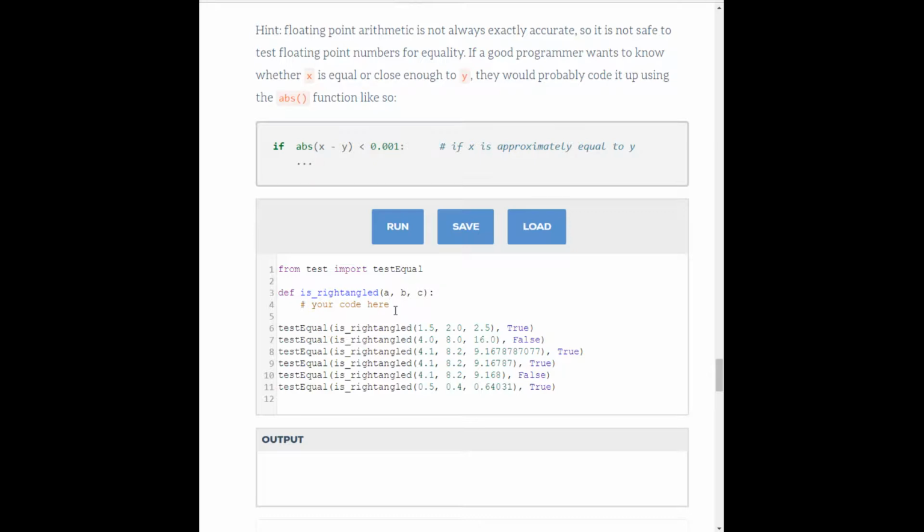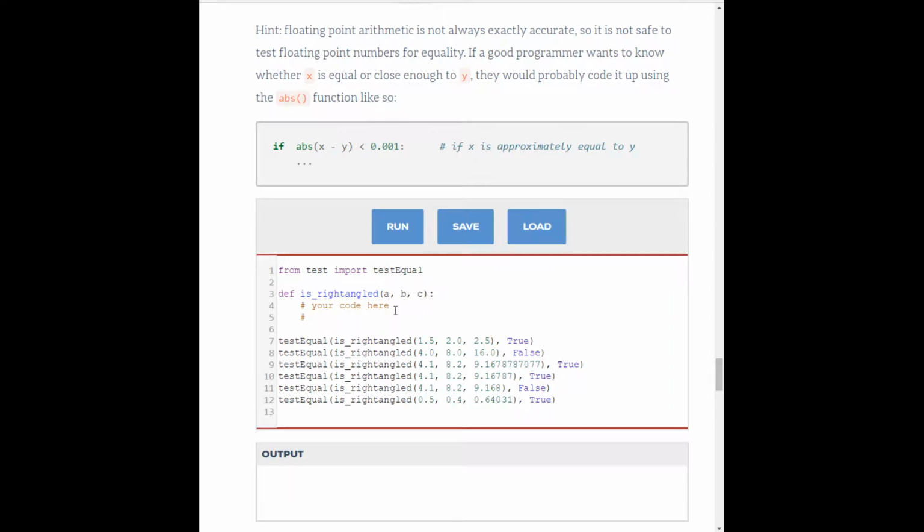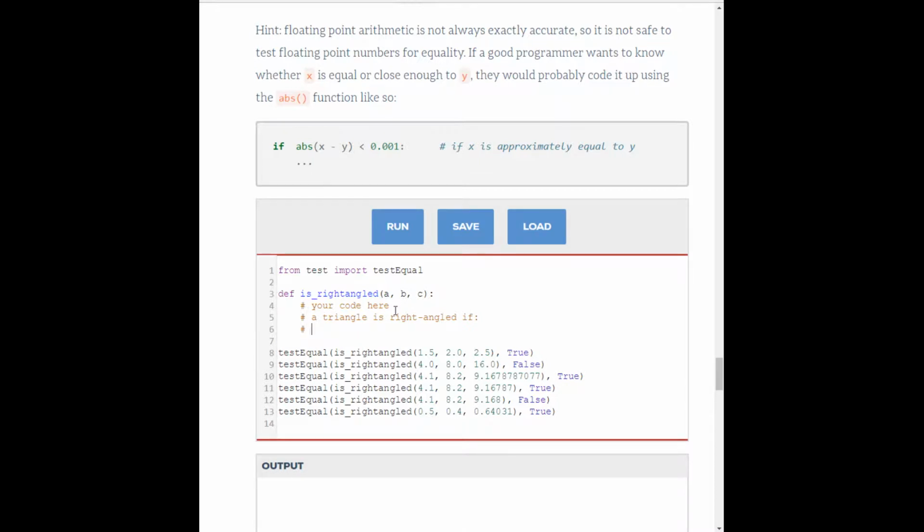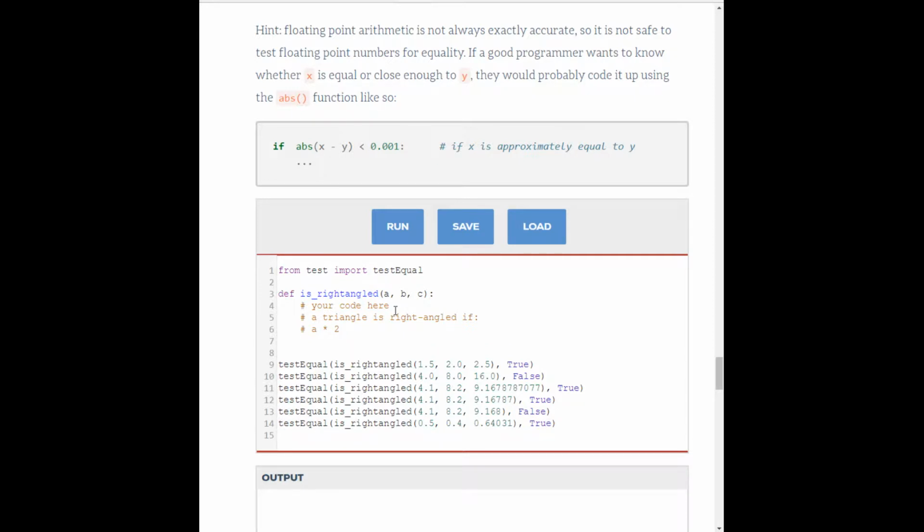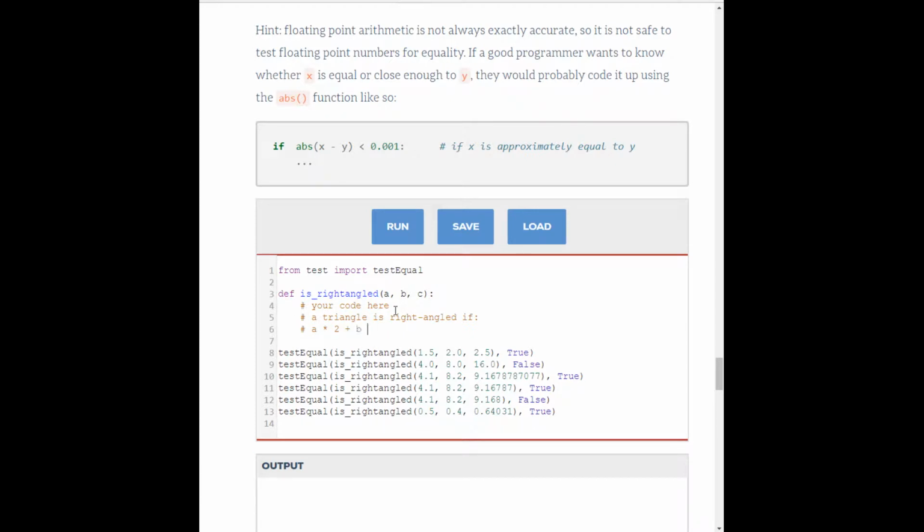So the Pythagorean theorem tells us that a triangle is right angled if a squared, so the length of side A times itself, plus b squared, so the length of side B times itself, equals c squared, side C times itself, where C is the longest side of the triangle, or the hypotenuse, as we call it.